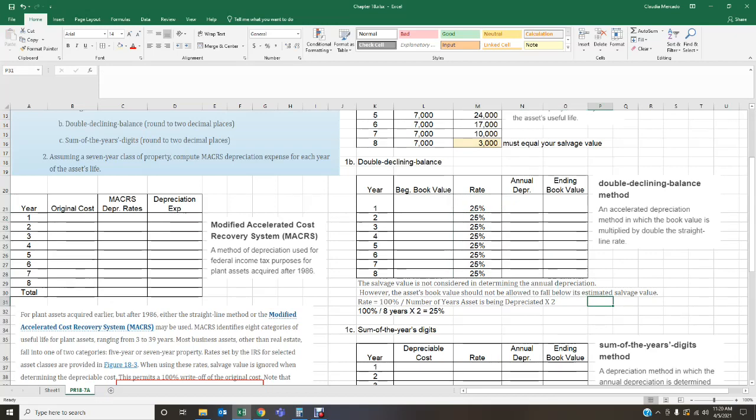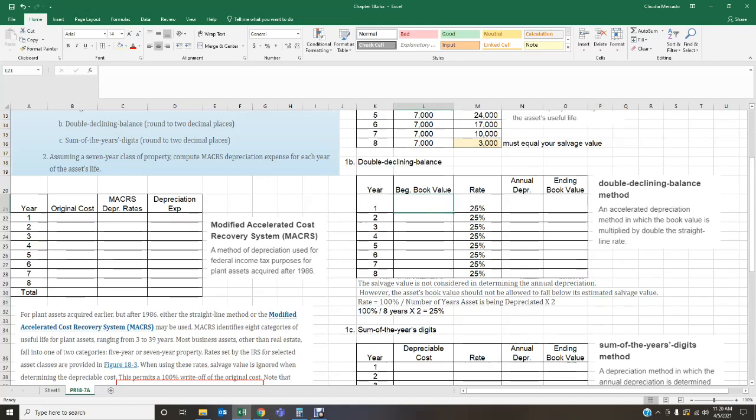So the key here is to calculate your rate correctly. If you get this incorrect, then everything else will be incorrect. So it says the rate is equal to 100% divided by the number of years the asset is being depreciated times 2. So we got 100% divided by 8 years times 2. That gives me 25%.